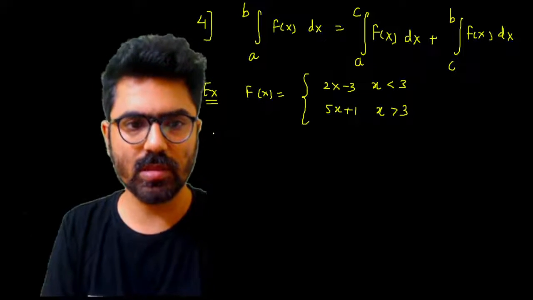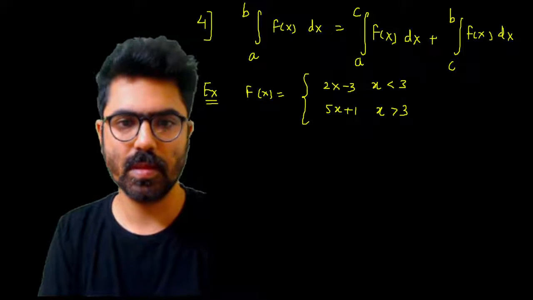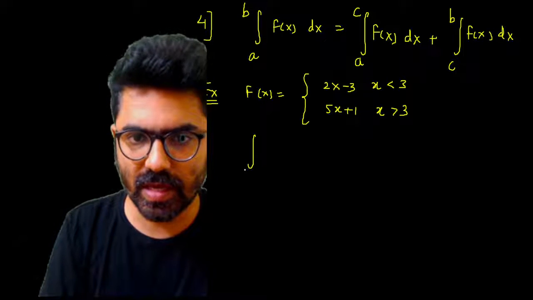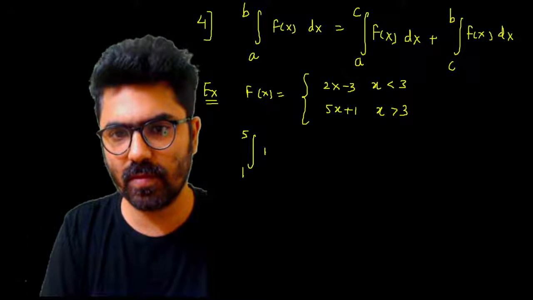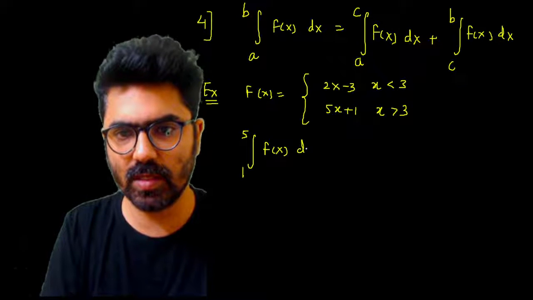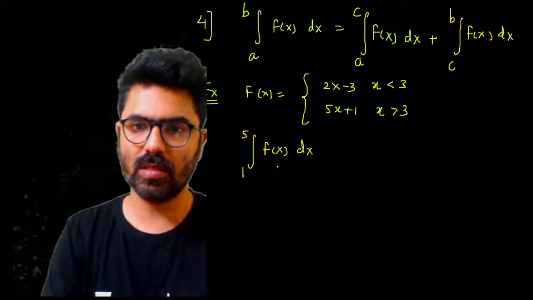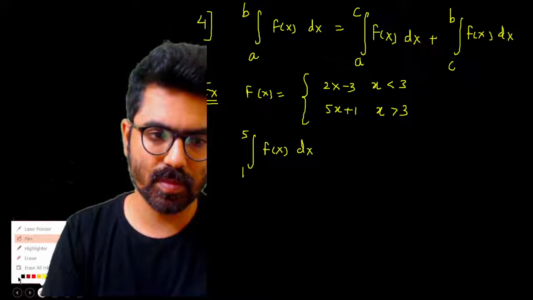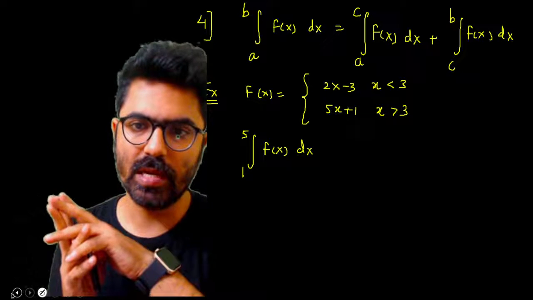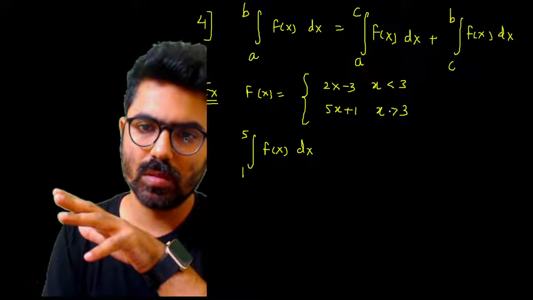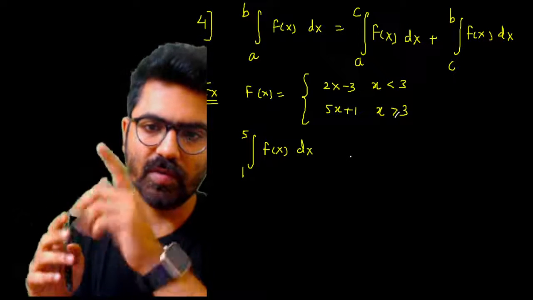Okay, we'll write equal to 3 here. And the question asked is: find the integration from 1 to 5 of f of x dx. See, f of x is given as 2x minus 3 when x is less than 3, 5x plus 1 when x is more than 3, and it is asked to find the integration from 1 to 5 of f of x dx.